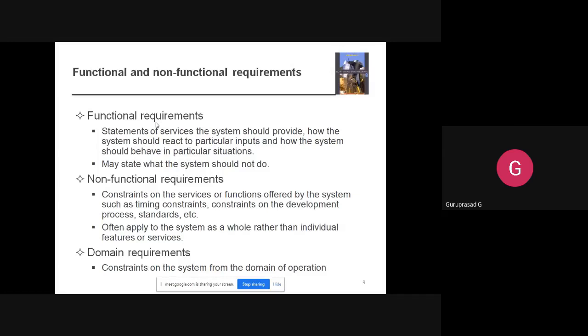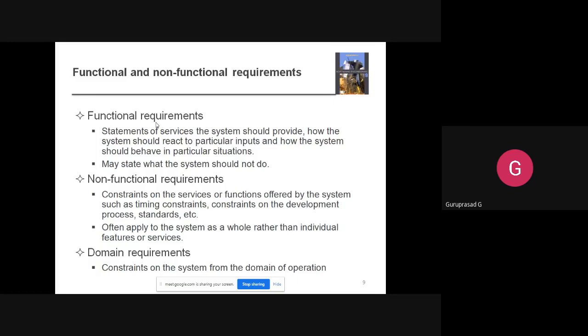Before you develop the software, you need to collect the requirements for various categories of users. As I told, an end user's requirement may be different from a high level manager's requirement; both are not the same. So we need to clearly classify the requirements. How we are going to classify and specify, we'll see in the coming slides.